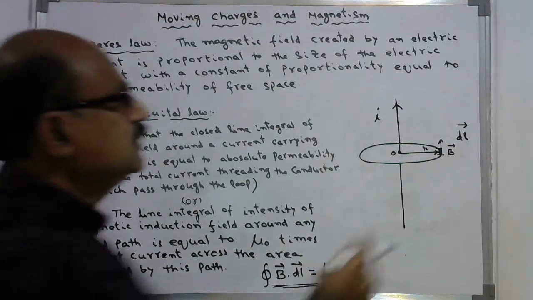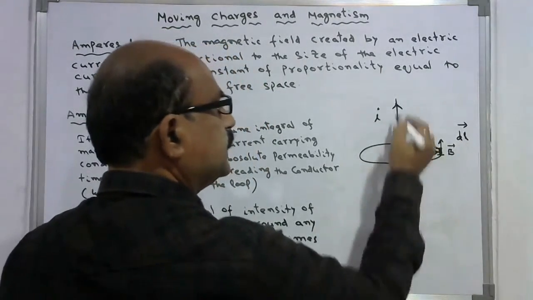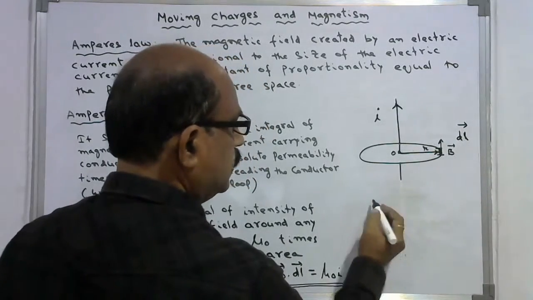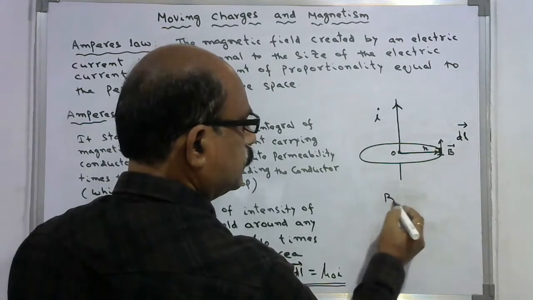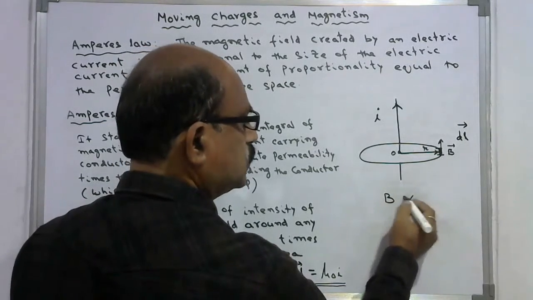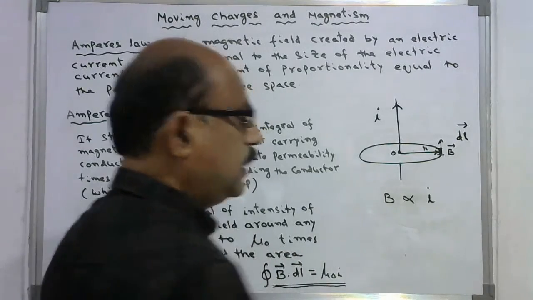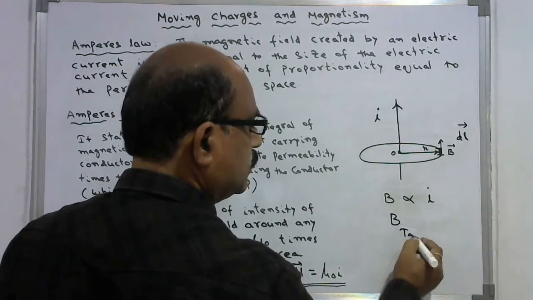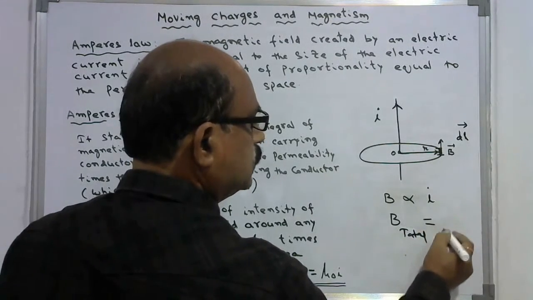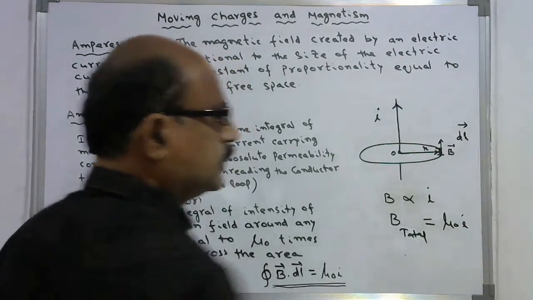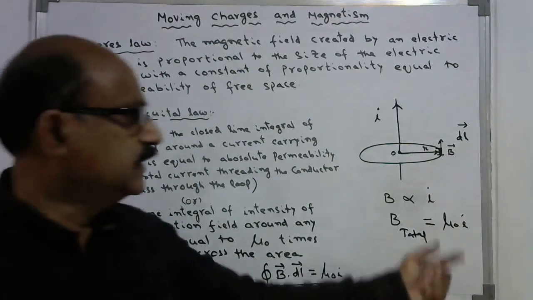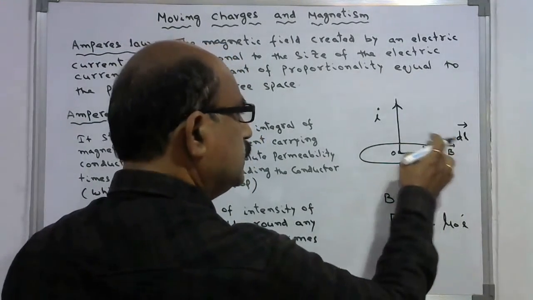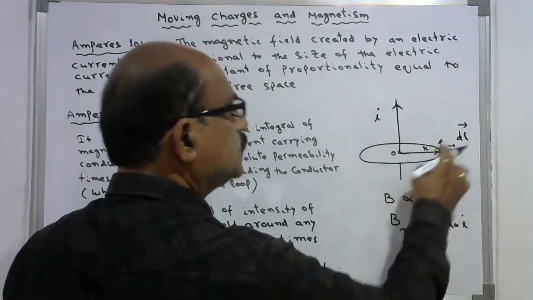So this conductor is capable of producing a magnetic field B that is proportional to the current I, and this can be made equal to the total magnetic field that can be produced by the current, mu naught I. But this total is due to the total elements in this particular circle.